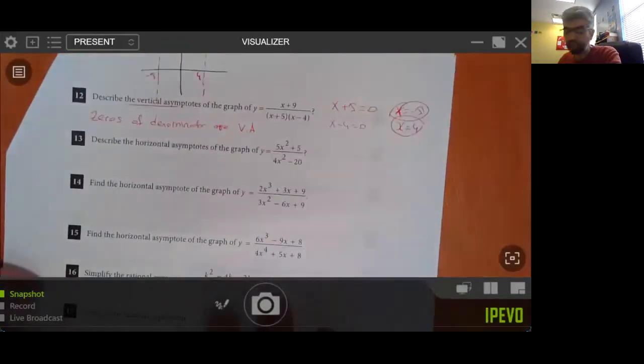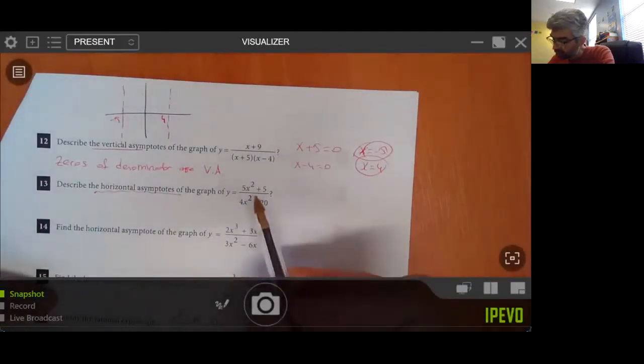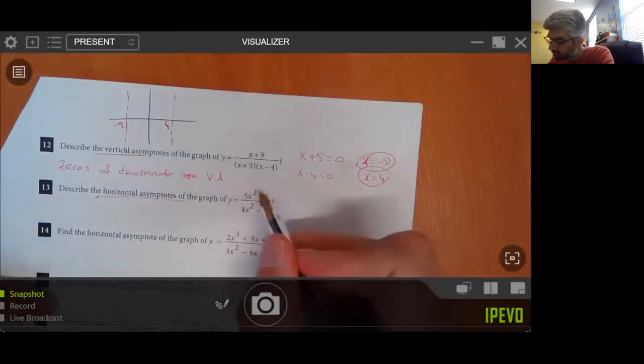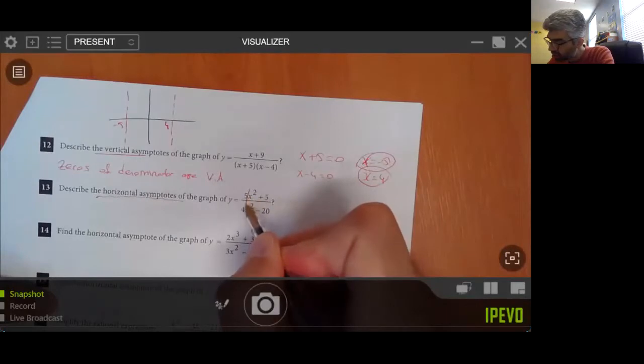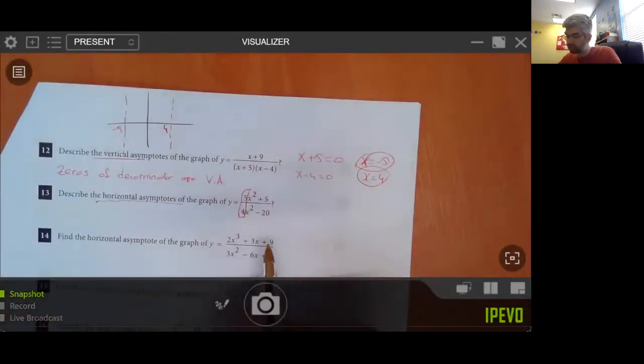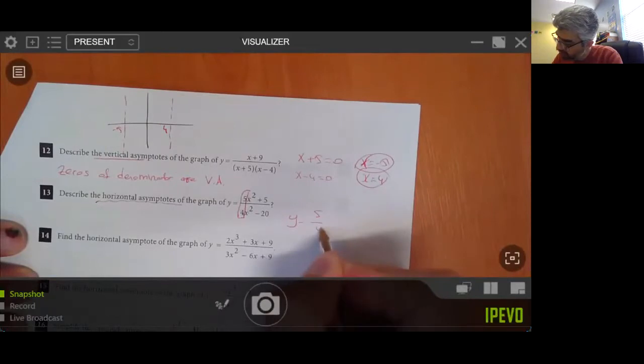And number 13, horizontal asymptotes, guys, what was it? The vertical asymptotes are the zeros of the denominator, and for the horizontal asymptotes, if the degrees are equal, we take the coefficients. So here the horizontal asymptote is y equal to 5 over 4.